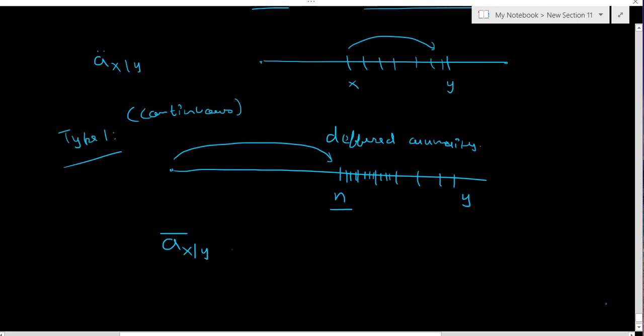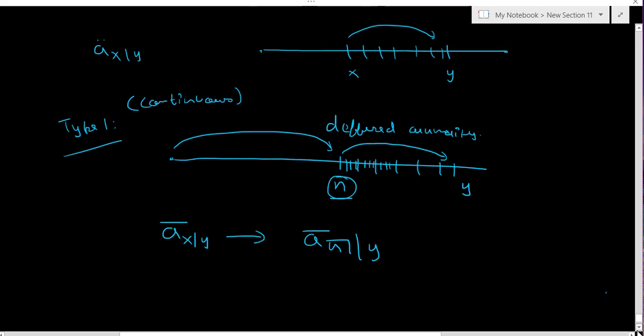Now we change it: we want n years to expire, so that becomes a given n, we put it in a bracket because this is time, so we need to show that, and given y, right? So I want these payments to start after the failing of n years, and then I want them to go till the death of y. So this is the same as a deferred annuity.